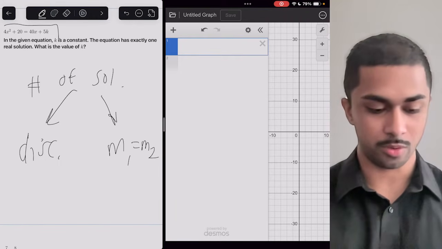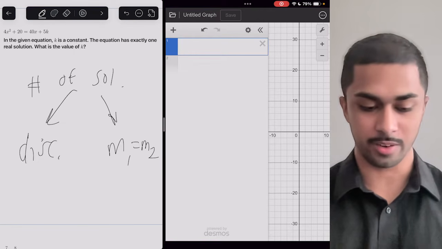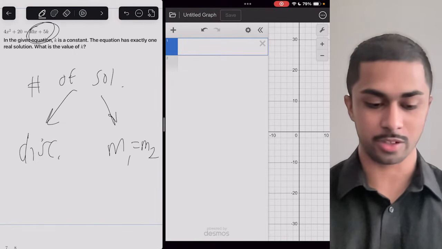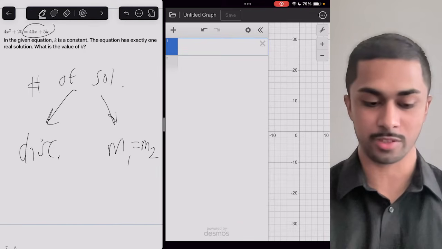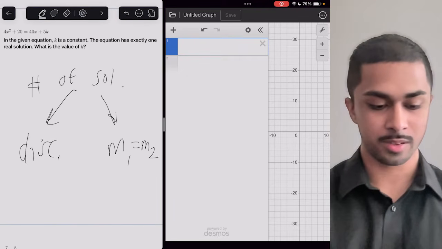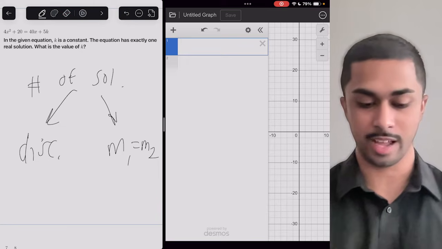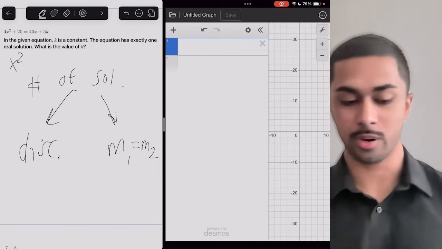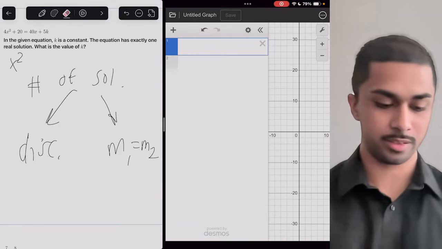So for example, in this question right here, let's take a look at this function because the right side is the first function. 40x plus 5k, well, that's a line, right? Because 40 is the slope, 5k is the y-intercept. Let's look at the left side. What function is that? There's an x squared, so that means it's a quadratic.